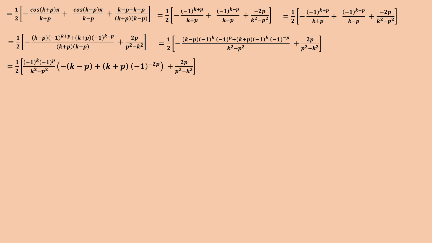So if you are taking plus p, you have to add one more minus p, that is why you are getting minus 1 power minus 2p, which is equal to 1 by 2 into minus 1 power k into minus 1 power p by k square minus p square into minus k plus p plus k plus p, because minus 1 power minus 2p can be written as minus 1 square whole power minus p. Minus 1 square is plus 1, power minus p, you will get 1 only. So that is why we removed that term. So minus k plus p plus k plus p, that is a plus 2p by p square minus k square. So minus k plus k get cancelled.